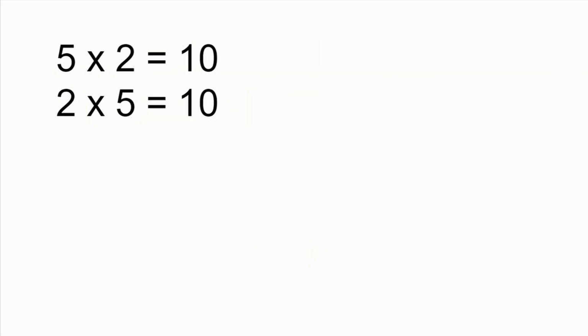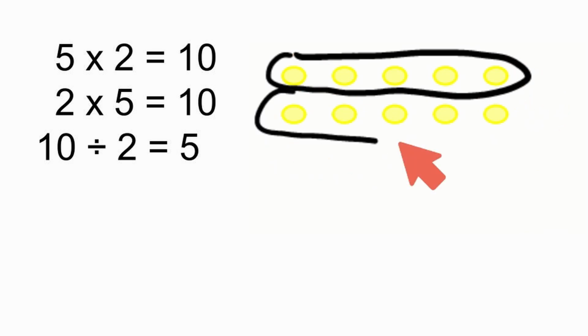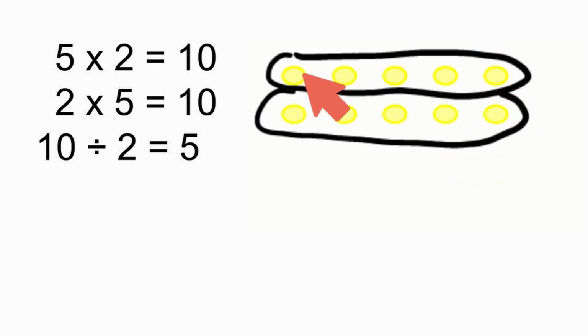What's a division problem I can write involving these numbers? One division problem I can write is 10 divided by 2 equals 5. And the way I like to think of that is I have 10 objects, and I'm going to divide them into 2 groups. Notice that in one group I have 5 dots.